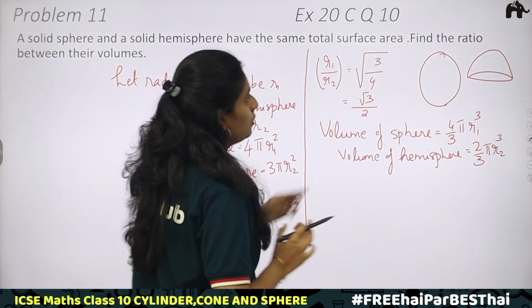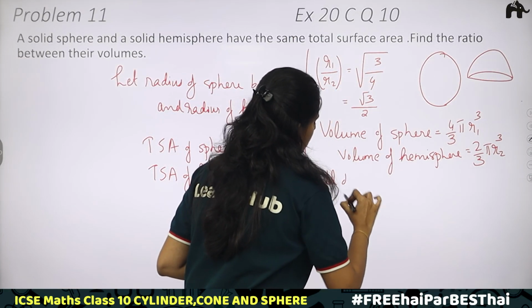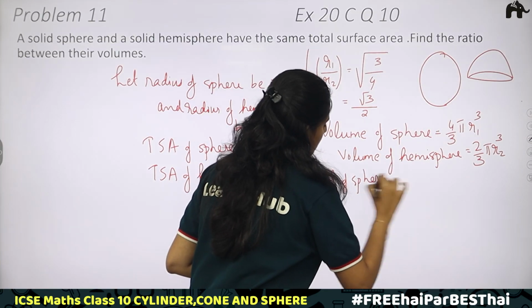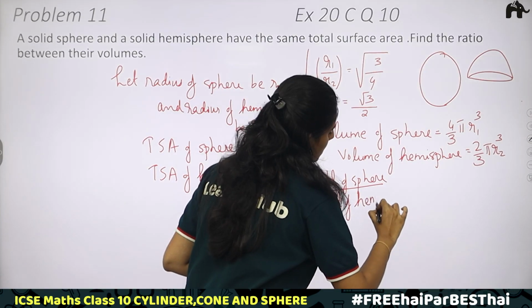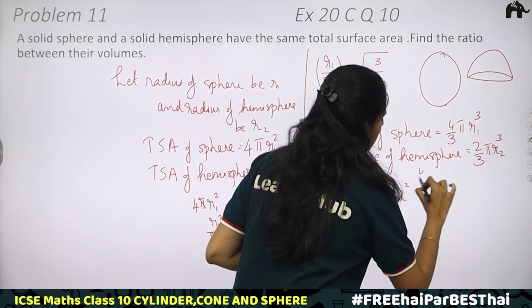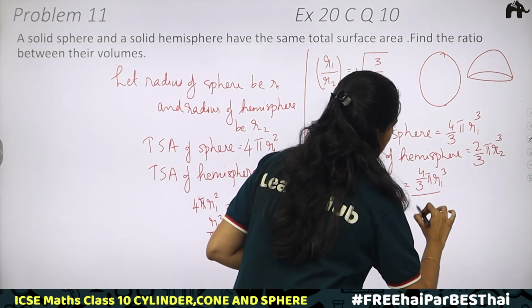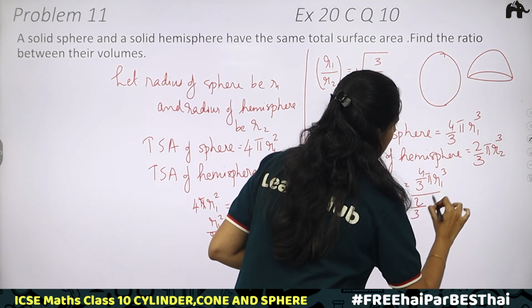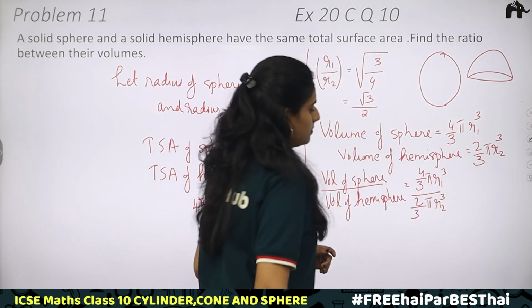So we need to find the ratio between the volumes. Volume of sphere divided by volume of hemisphere will be equal to 4 by 3 pi R1 cube divided by 2 by 3 pi R2 cube.